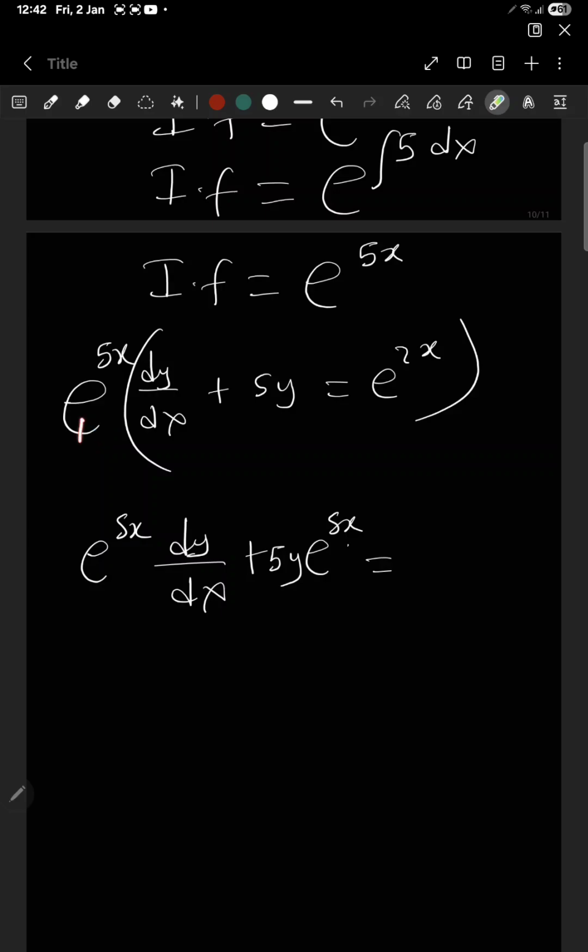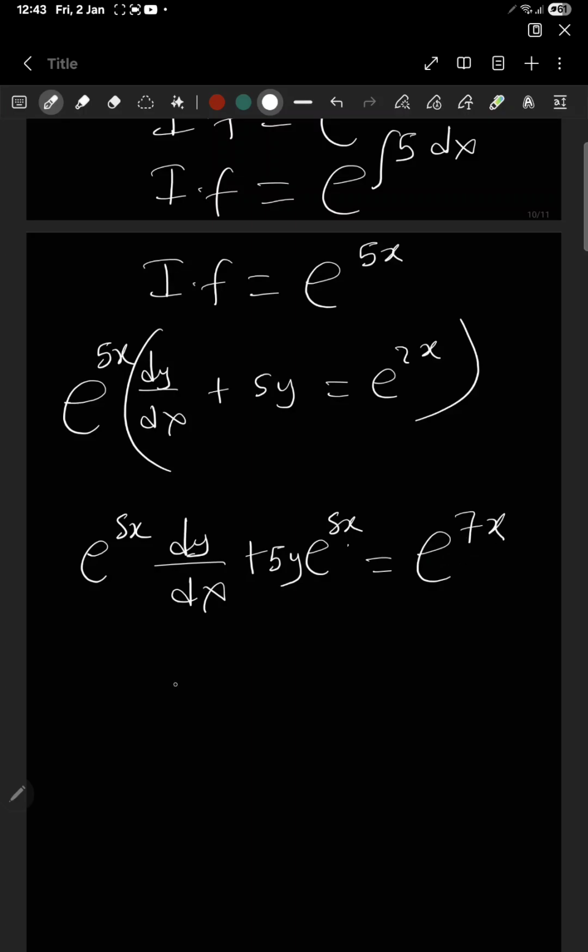Remember, when you're multiplying numbers of the same bases, you need to add the powers. So 5x plus 2x, you're going to get 7x. So we're going to have e to the power 7x.